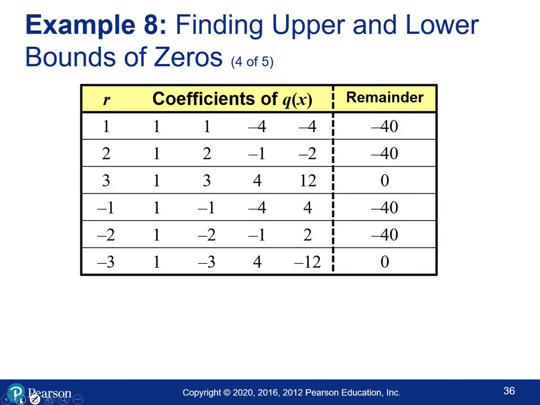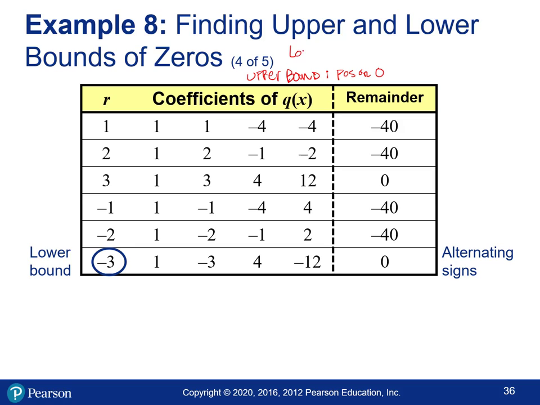So if you do your division with negative numbers and you look at the third row, take a look at what happens with negative 3, the signs alternate. So remember the upper and lower bounds theorem. It was an upper bound if the third row had positive numbers only or 0.